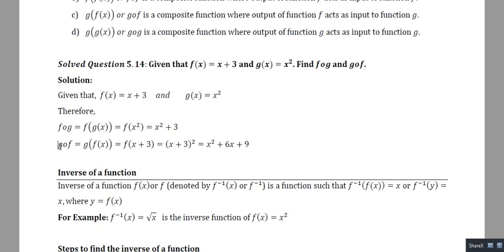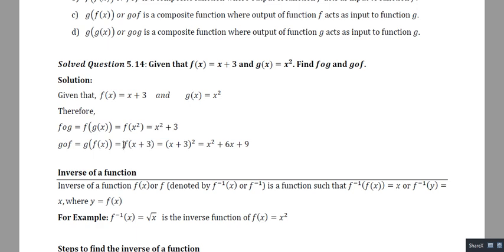Similarly, g of f is equal to g of f of x. So in place of f of x, we can put the value x plus 3. Sorry, there is a printing mistake. Actually we are substituting the value of f of x, so it is x plus 3, it is right, but this is g.